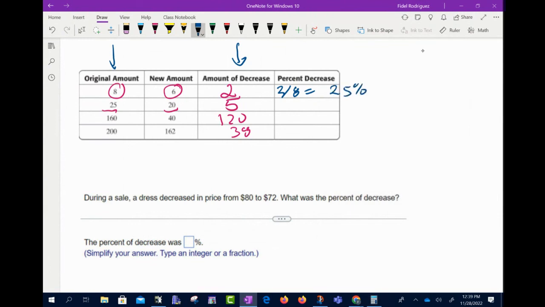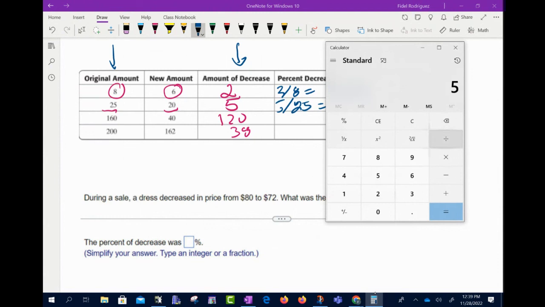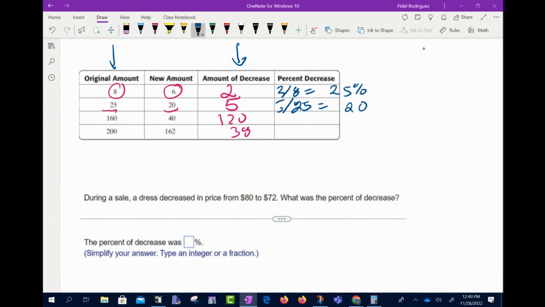Okay. I'm going to do the same thing here. Look, 5 divided by 25. So 5 divided by 25, 0.2. If I move my decimal point 2 spaces to the right, that would give me 20%.